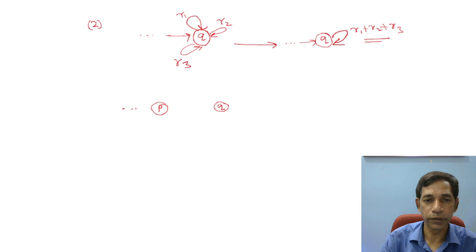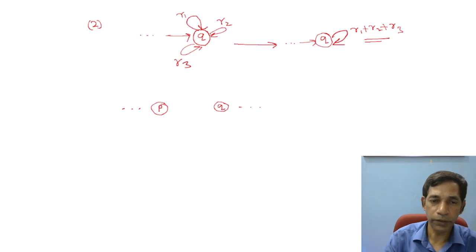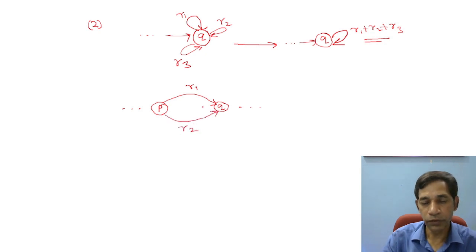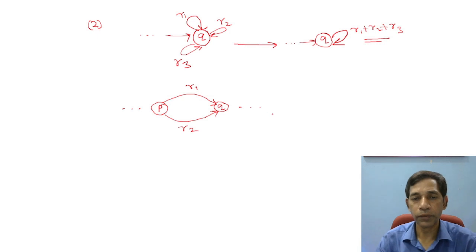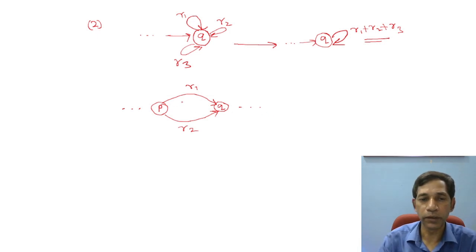We are just considering the 2 states P and Q, and you may have some edges, whatever, and we have parallel edges going in the same direction. Say you have R1, and from P you are also going to Q for the regular expression R2. So you have more than one edge which is parallel, and they are going in the same direction. How can you obtain the regular expression for this?